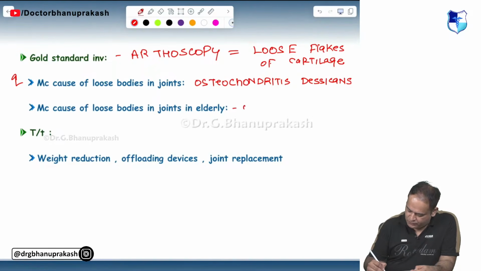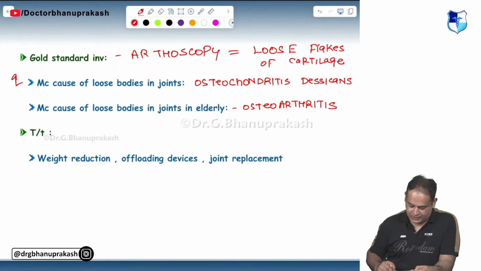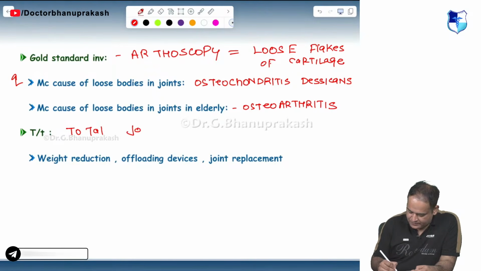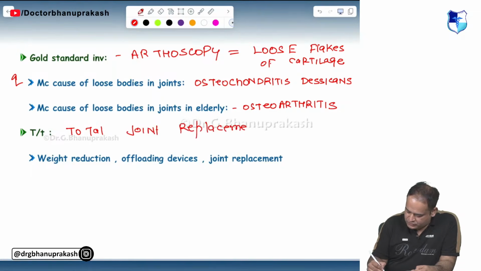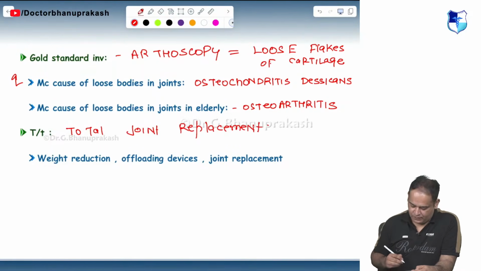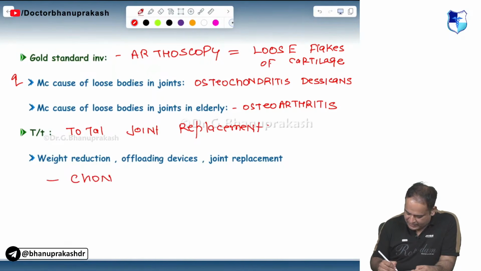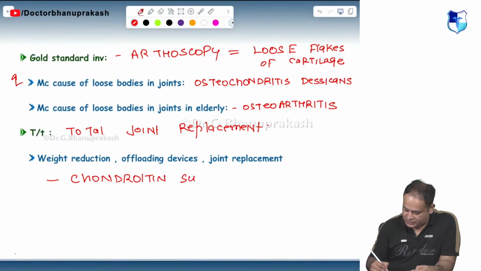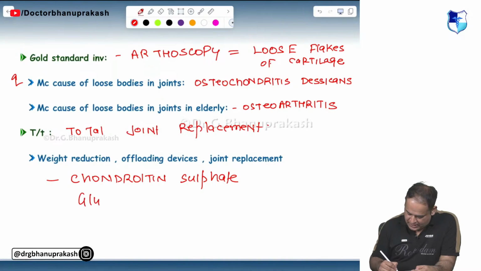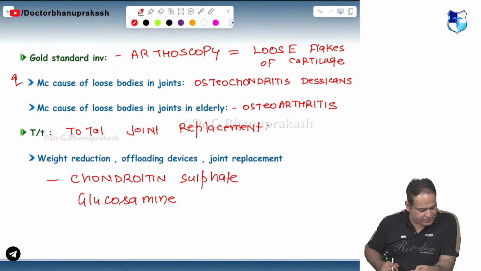Most common cause of loose bodies in the joint in elderly: osteoarthritis. Treatment is total joint replacement. Fine. Now, chondroprotective agents, those said to protect the cartilage: chondroitin sulfate and glucosamine. So they offer limited benefit.